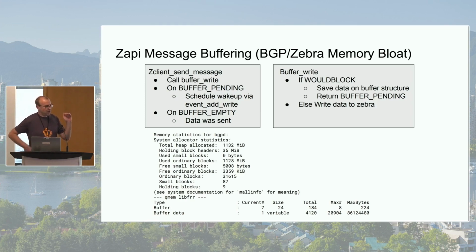BGP will write the three-way ECMP route installation to Zebra, that will be saved on the buffer, and then it'll write the four-way ECMP, and that'll be saved on the buffer, and then the three-way, and we end up having multiple instances of route replaces where we're bumping up and down nexthops.